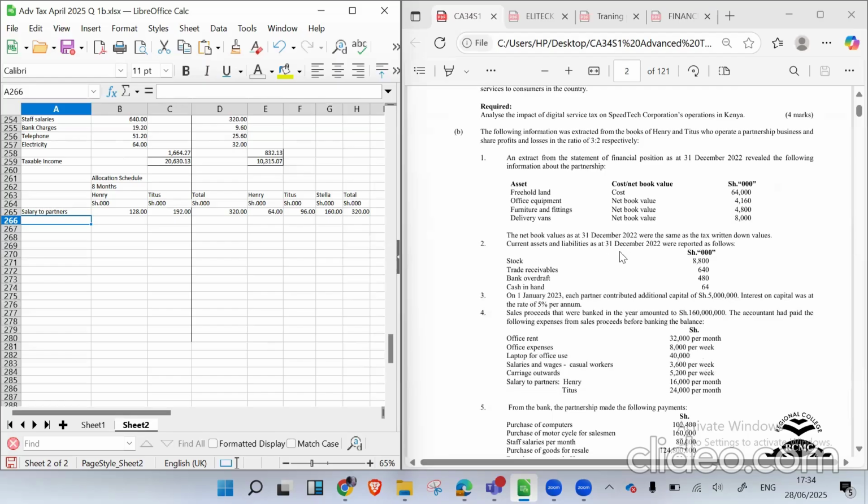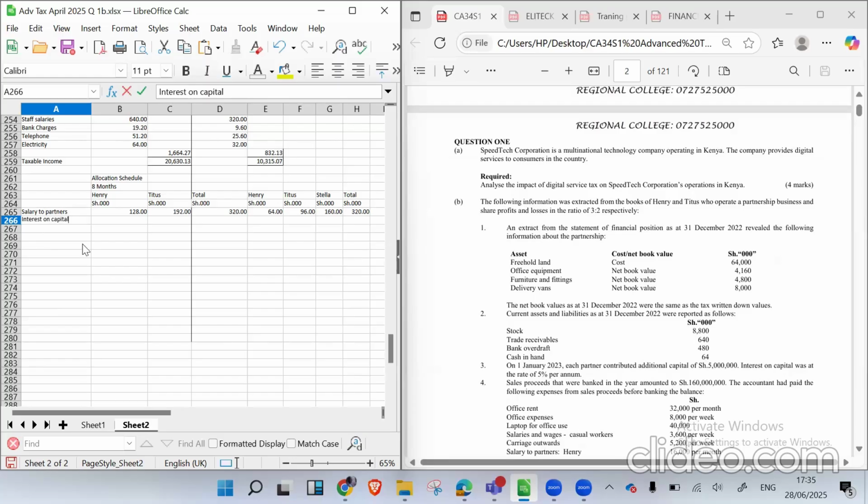Note number 3. On 1st January, each partner contributed additional capital of 5 million. Interest on capital was at the rate of 5% per annum. So you have interest. But this one is in 2023. Yes, but you are preparing for 1st January 2023.